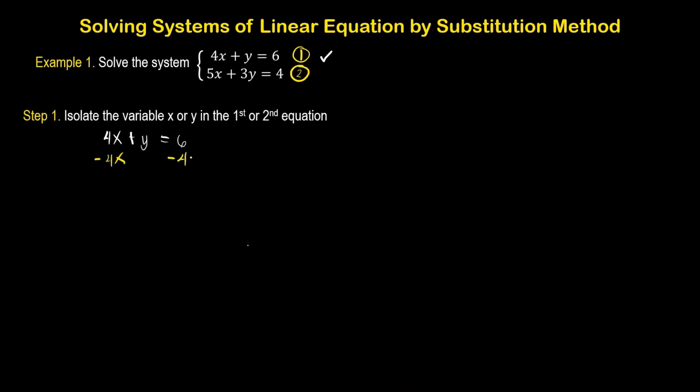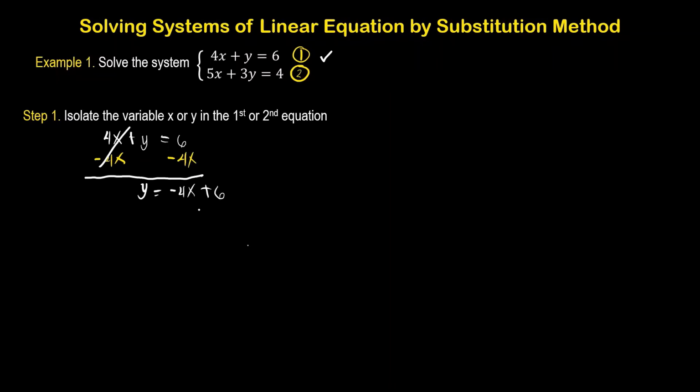And that gives me, of course, this is cancelled. And that gives me y is equal to, of course, 6 minus 4x. This is equal to negative 4x plus 6. So, meron na akong value ng y, which is negative 4x plus 6.